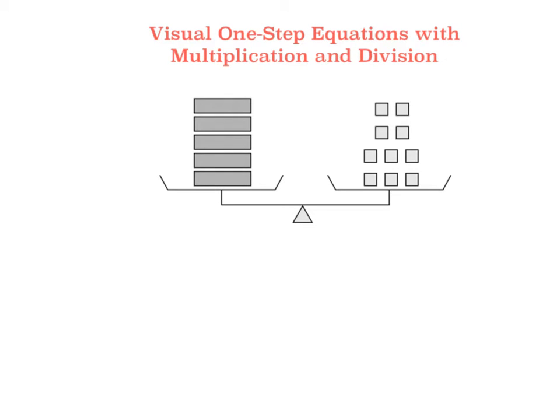Okay, welcome back. Let's try this one together. This time I have 1, 2, 3, 4, 5 boxes. You can use x or a or whatever letter you want to use. Remember, it's just a variable. And that equals 1, 2, 3, 4, 5, 6, 7, 8, 9, 10 on this side.